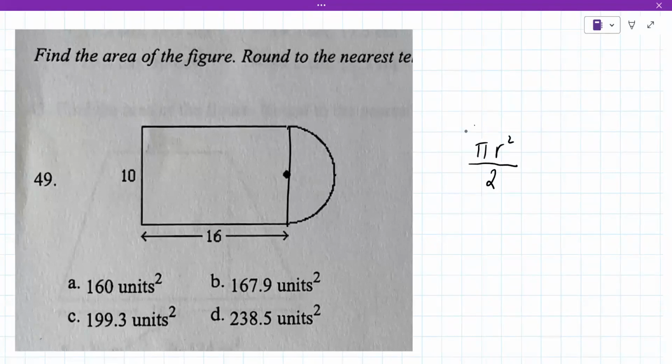Oh, over 2. Yes. So why don't you recalculate your result, please? Okay. Sorry, wait.